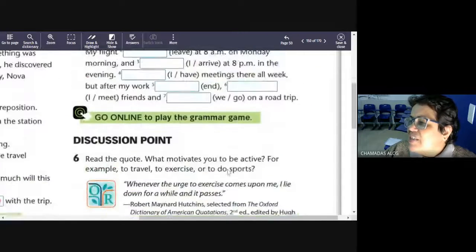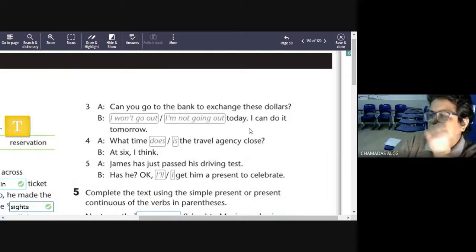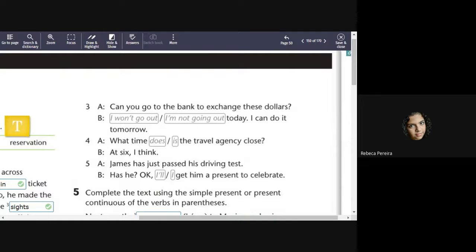So let's go and see some more examples. Number 3, can you go to the bank to exchange these dollars? What do you think? I won't.